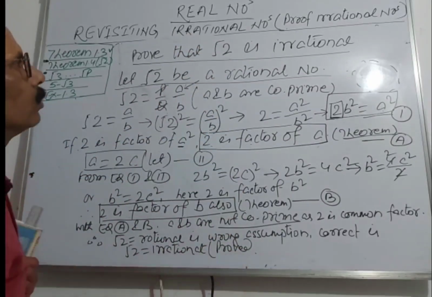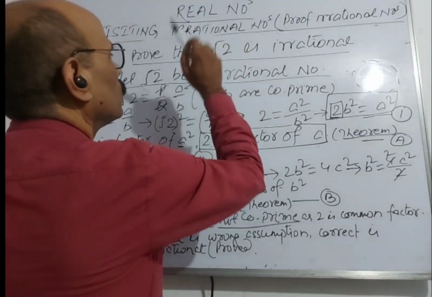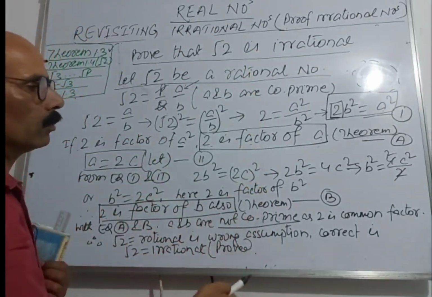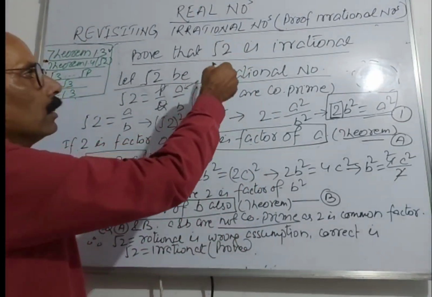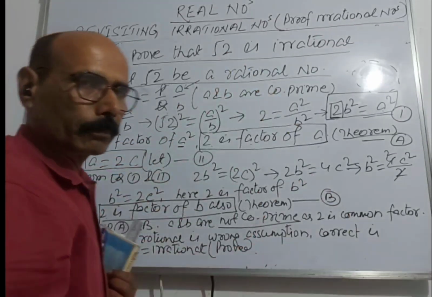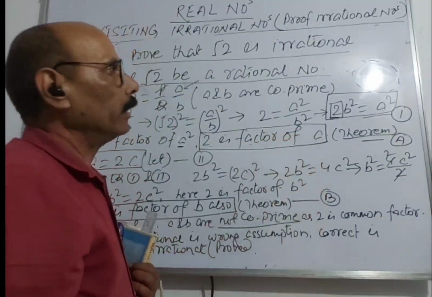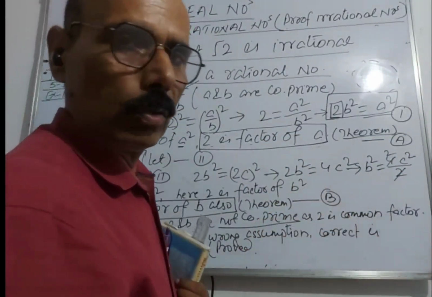Very simple, the same way we can do. Here in this board I can delete and write, so you will understand. Take a screenshot or you can write also. Whatever is easy, do.